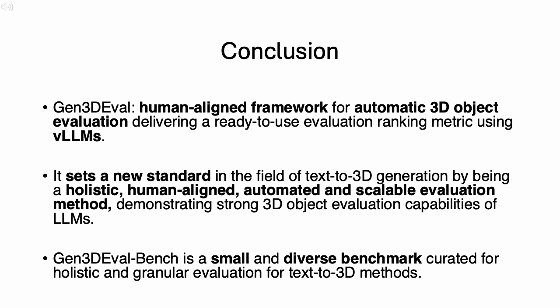It sets a new standard in the field of text to 3D generation by being a holistic, automated, and scalable evaluation method, demonstrating strong 3D object evaluation capabilities of LLMs. Gen3DEval bench is a smaller and diverse benchmark that can be used to evaluate on appearance, faithfulness, and quality on a more granular level.